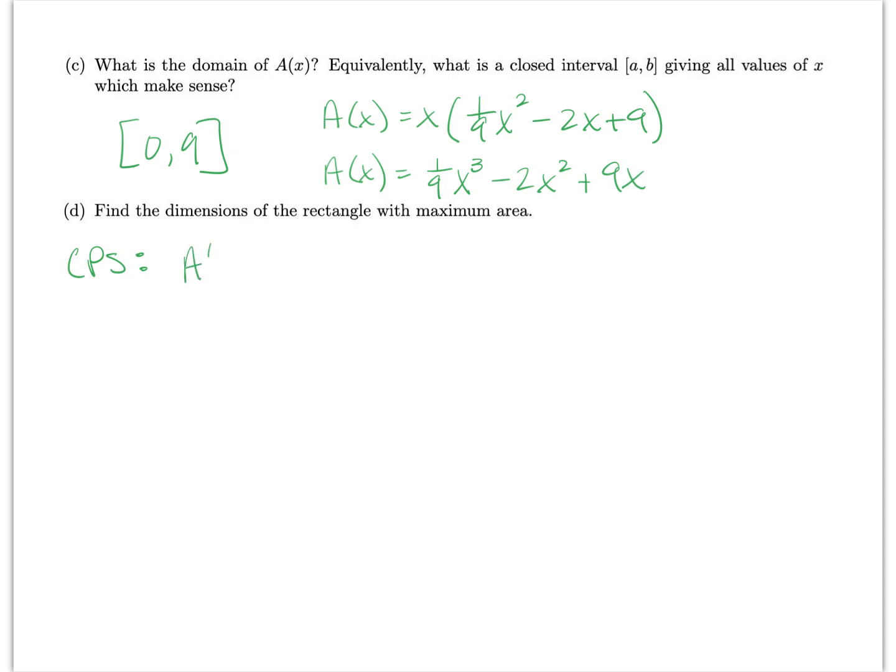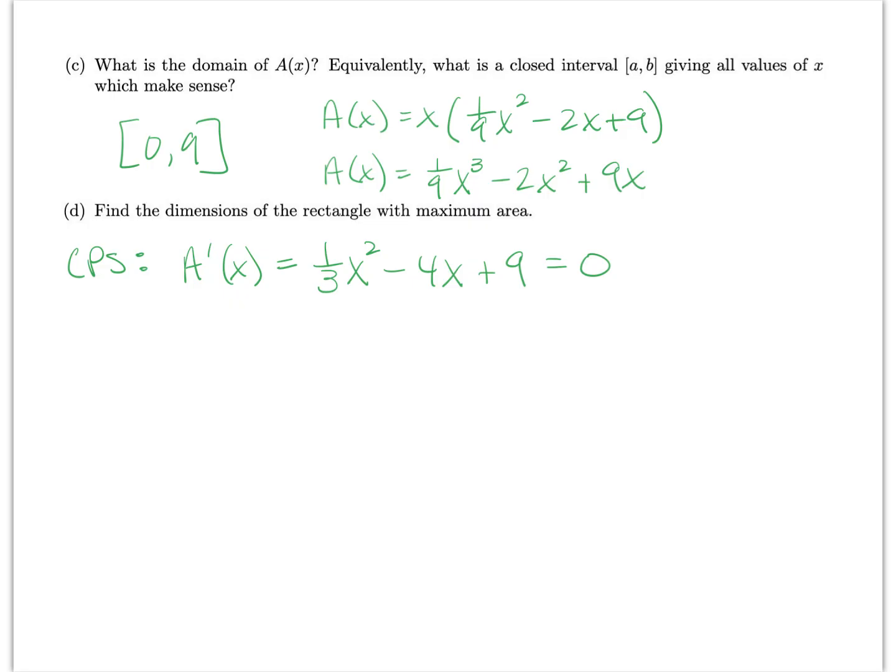Critical points happen when the derivative is either undefined or 0. When I take the derivative of this, I get 3/9 x squared, that's 1/3 x squared, minus 4x plus 9, and I want to know when that equals 0.